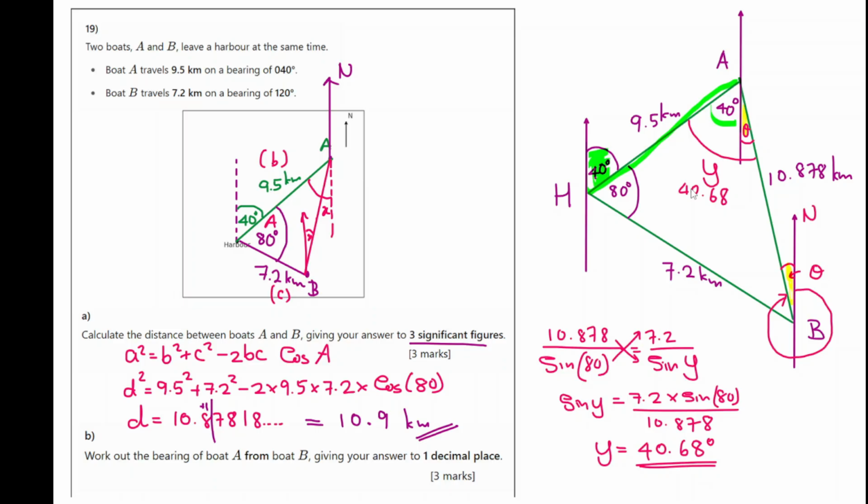Now, how do I find the bearing? So the bearing is this angle I just highlighted in purple. So to find it, all you need to do is 360 degrees take away 0.68 degrees.